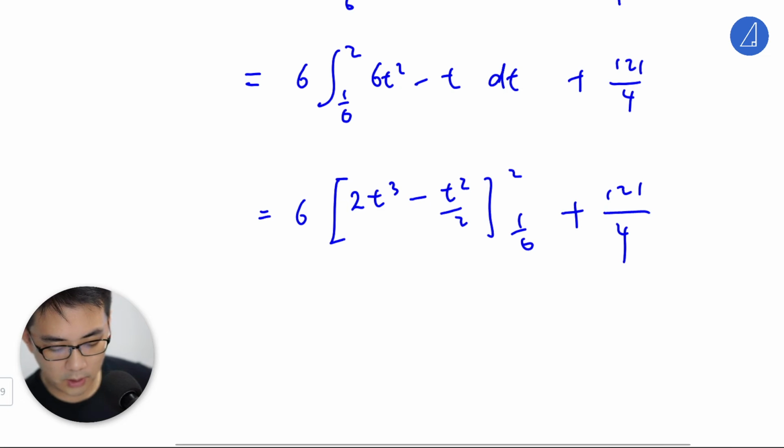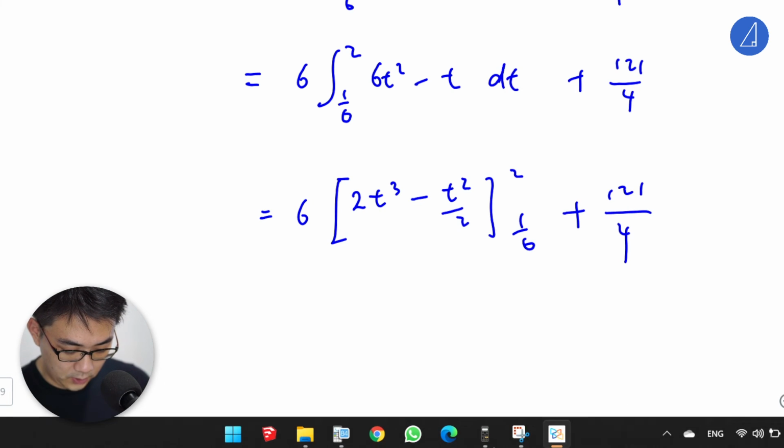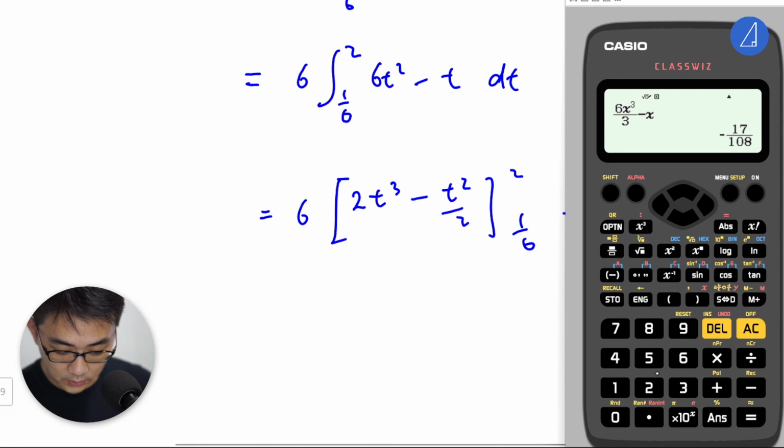Okay, so I'm going to teach you a little trick to use your calculator to replace this value. So many students don't really know this. So what you do is just put 2t cubed, and after which we're going to put minus t squared. So alpha, I'm going to use t as my x.